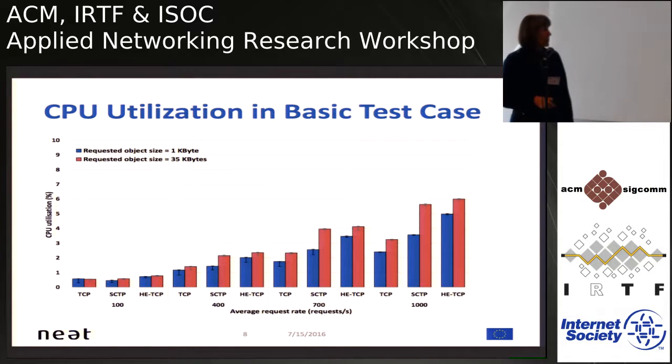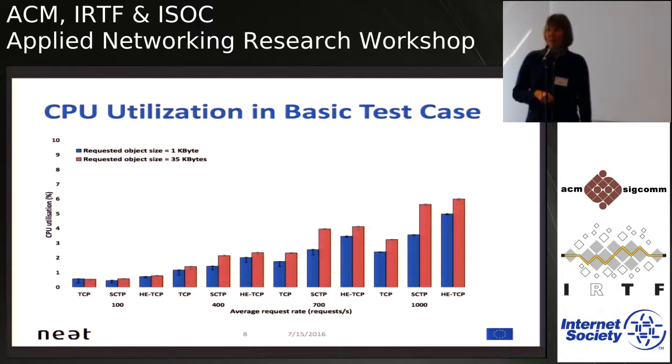If we look at the results, we can look at 1,000 requests per second, because it's easiest to see here. If we start by looking at the blue bar first with the 1 kilobyte request size, you can see that the CPU load increases quite significantly when you use TCP or when you use the happy eyeballs TCP in parallel. We can see that SCTP has a bit higher load compared to TCP.